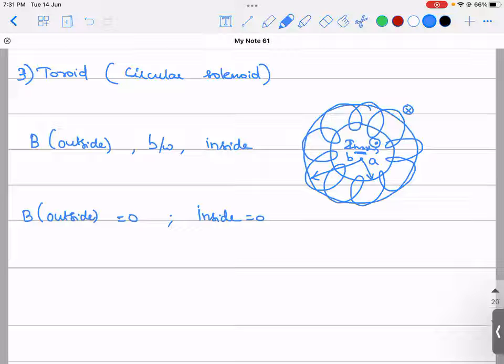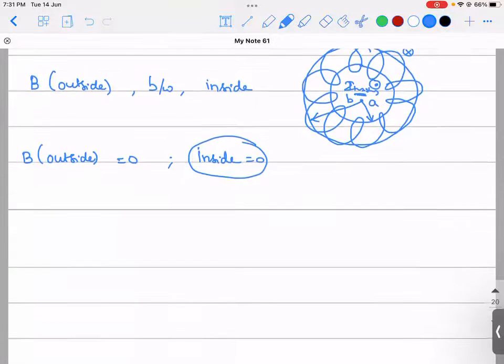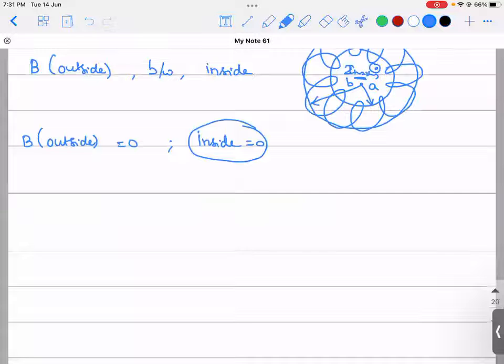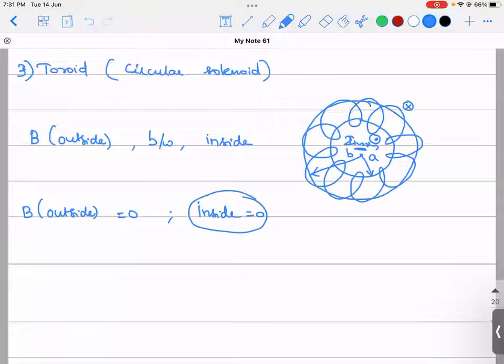But still, here also the magnetic field is going to be 0. So where is the only place where magnetic field will exist? Only between. So for between, you can consider an Amperian loop which is symmetrical with respect to this structure.